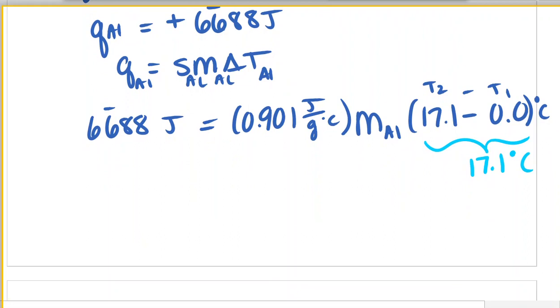So then dividing everything by what's on this side.